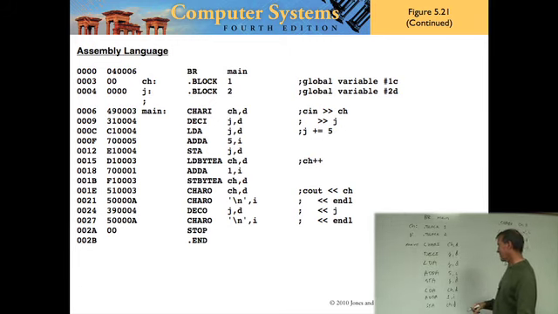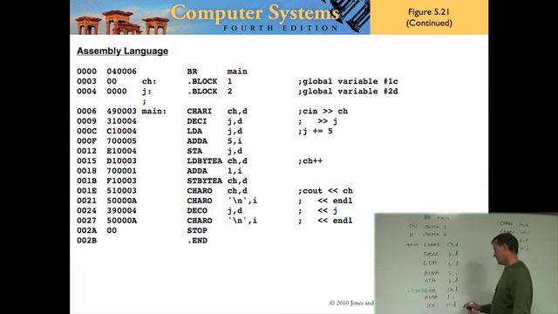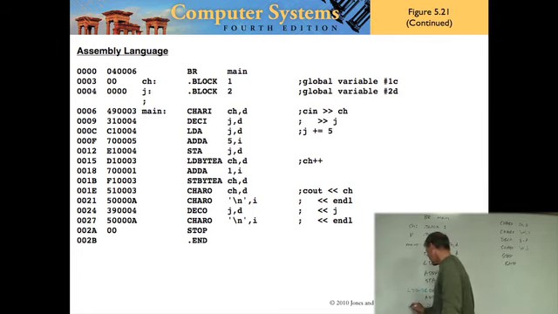It should be load byte accumulator, and then store byte. LDBYTE, load byte accumulator. Did you know we got it wrong as we were doing it? I forgot. And then add accumulator 1, and then this should be store byte.